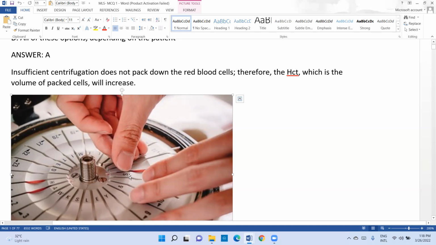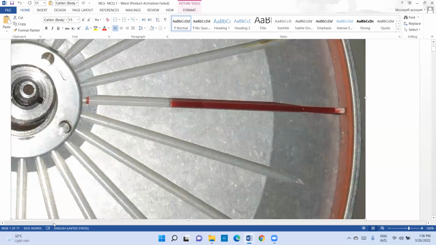You fill blood into a capillary tube, seal one end, and place it in this special centrifuge called a microhematocrit centrifuge, and centrifuge it at very fast speed. Then the red cells will pack at the bottom. So you take the red cell volume as HCT.